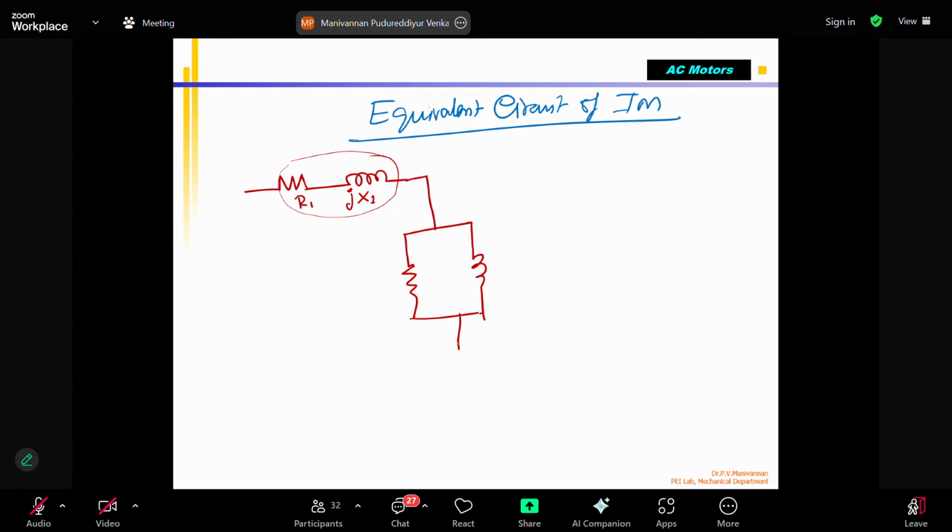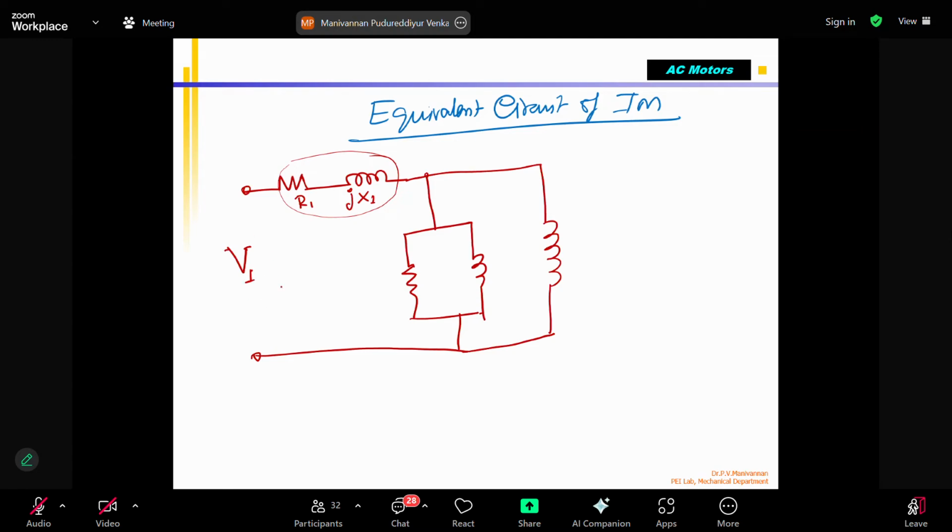I will explain what it is. First, you take the equivalent circuit. We are applying a voltage, I can say V1.